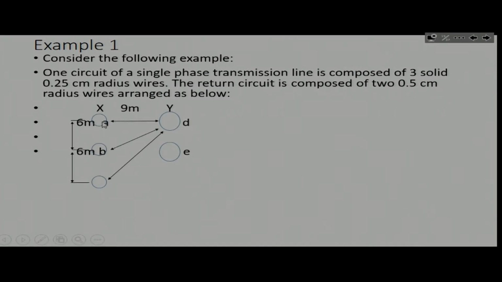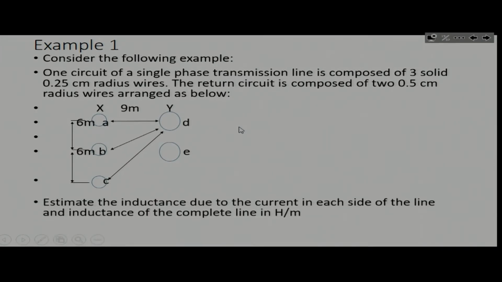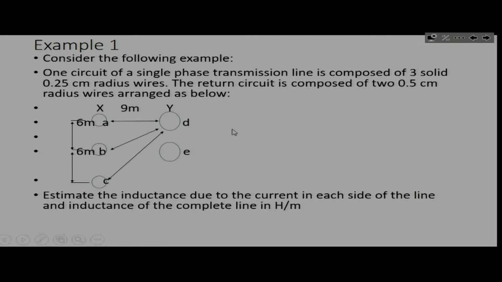The distance between those conductors is 6 meters, and the distance between the one circuit and the other circuit is 9 meters. So now we have to estimate the inductance due to current in each side of the line and the inductance of the complete line.